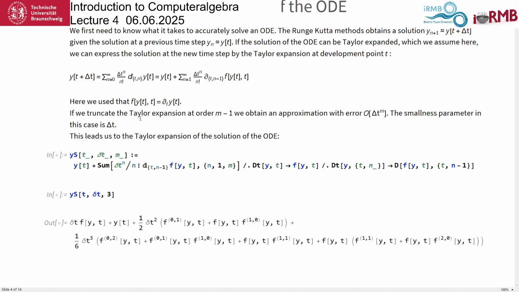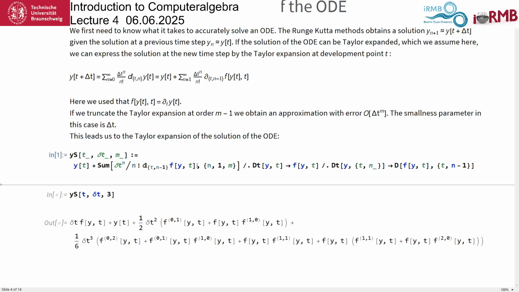So now we are doing numerics, and this means we are truncating our Taylor expansion somewhere and assuming that the rest is small. So our smallness parameter obviously is delta t. I have to execute these things. So I can define here this Taylor expansion, ys, t, delta t, and m.